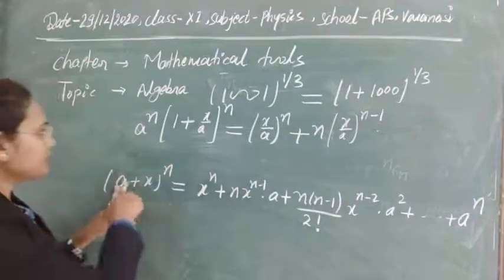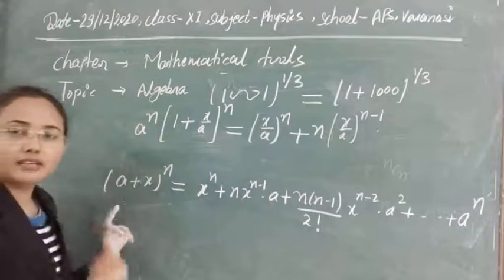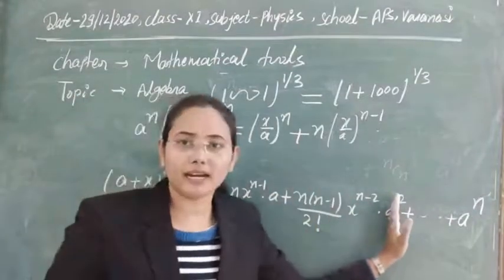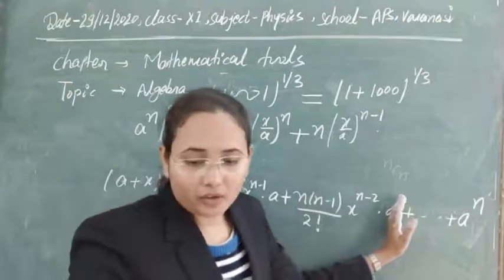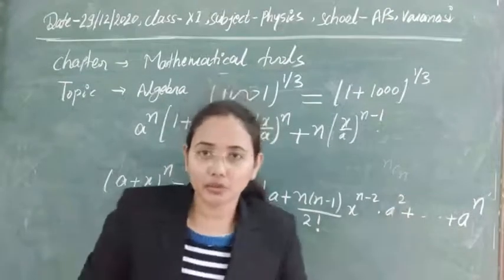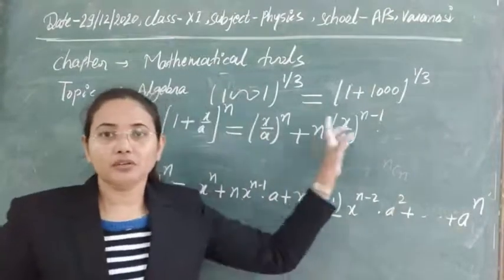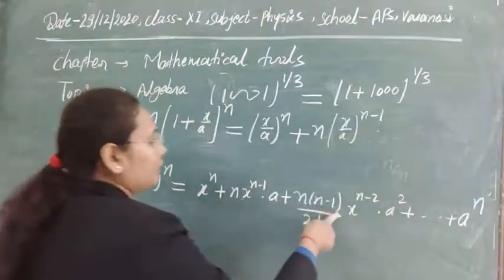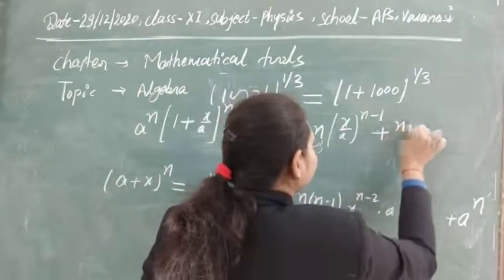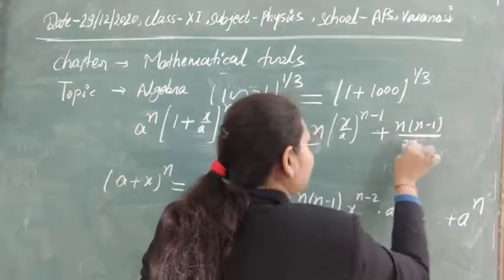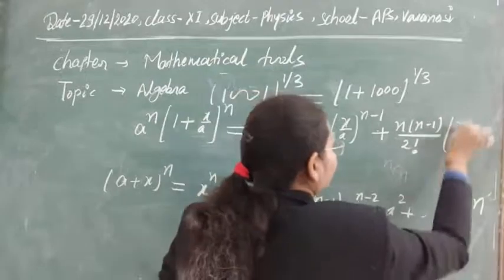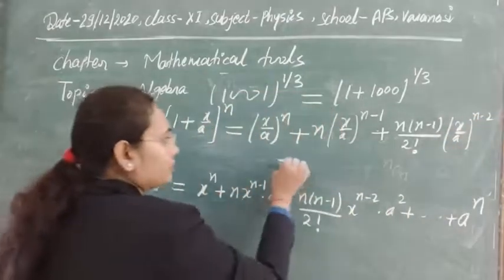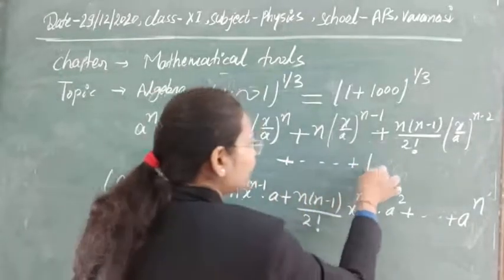I take a as common so that the multiplication of a is solved, and in our life we always want a reduced problem, so this problem is now easily reduced. Again, for the third term you will write n into n minus 1 over factorial 2 times x over a to the power n minus 2, again the value of a is 1, and finally you will get 1.